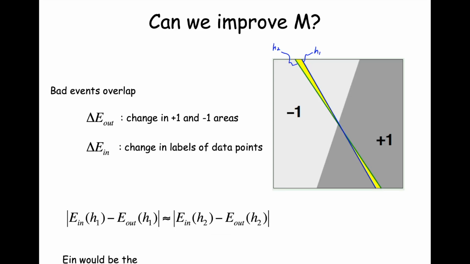And so if we take H1, H1 is going to classify everything on the upper right as being +1. So H1 is going to say everything here is +1. And H1 is consequently going to say everything here is going to be -1.